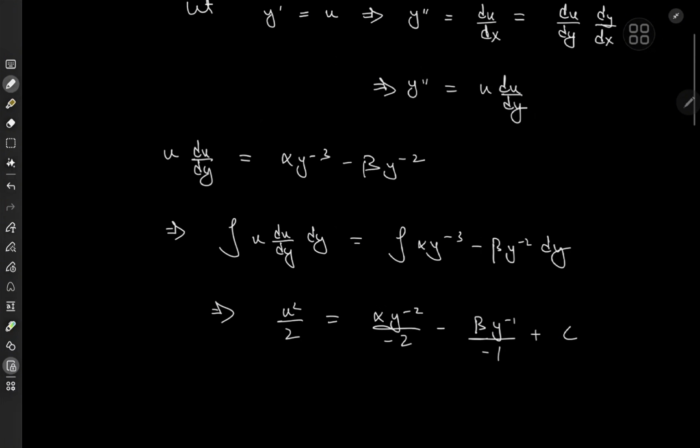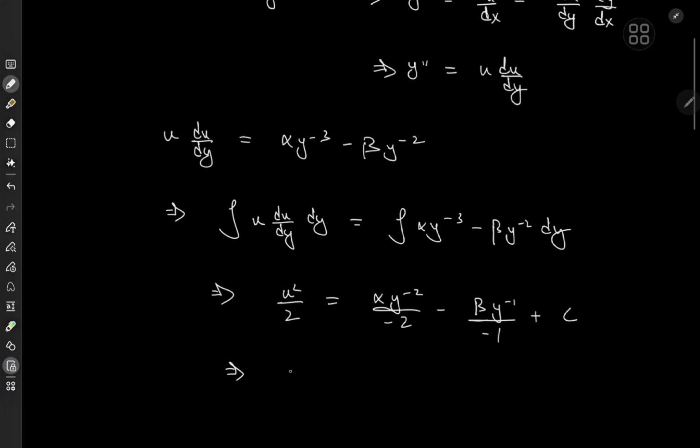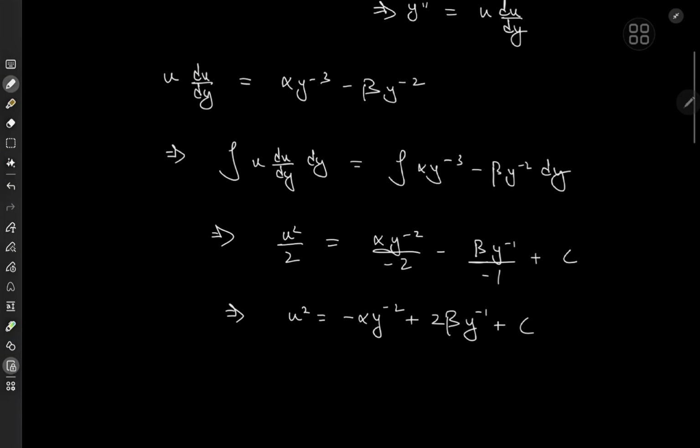And of course I could multiply by 2, and that yields u squared equal to negative alpha times y to the minus 2, two negatives canceling out, and we have 2 times beta times y to the minus 1 plus 2c, and the 2 can just be absorbed into a constant of integration. Okay, cool.